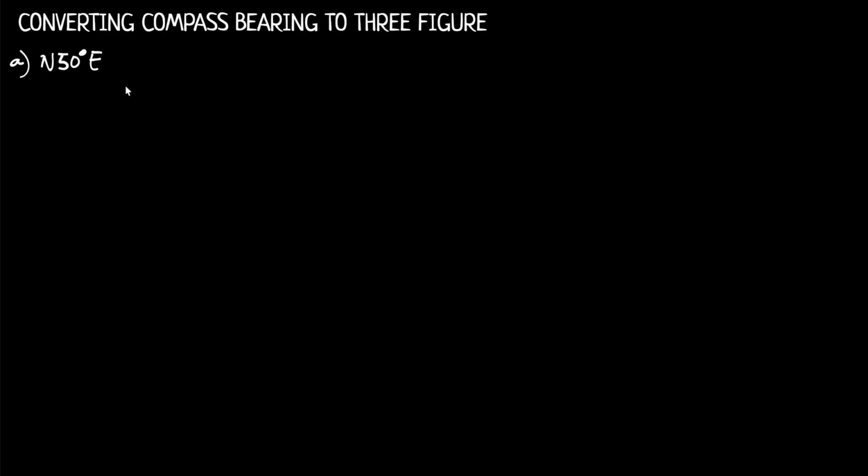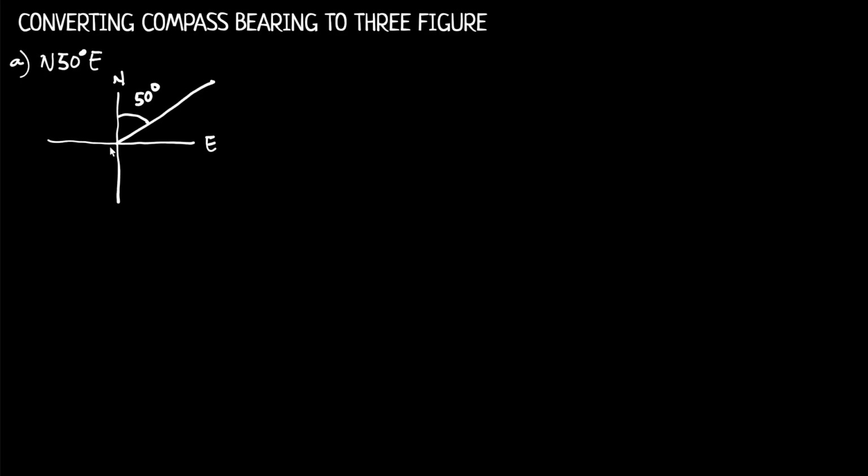So first we have to represent the information we have on the 4 cardinal points. So north 50 degrees east, this is north, and this is the east, right? So it's going to be here. And the angle is going to be with the north, 50 degrees.